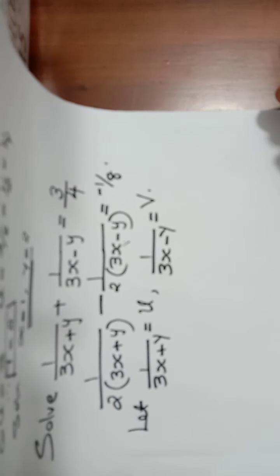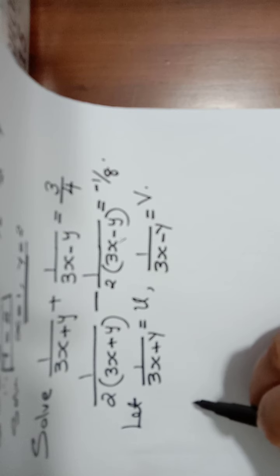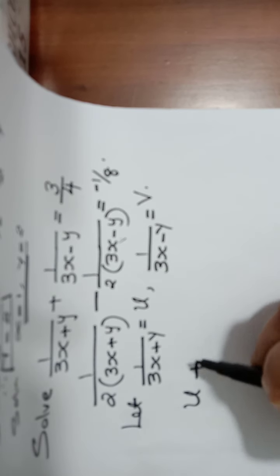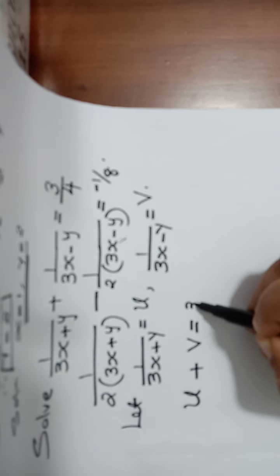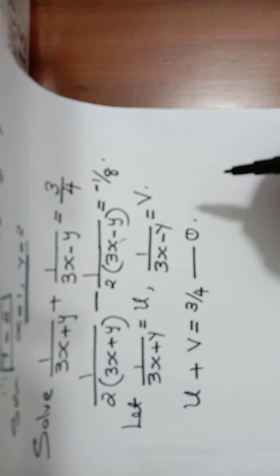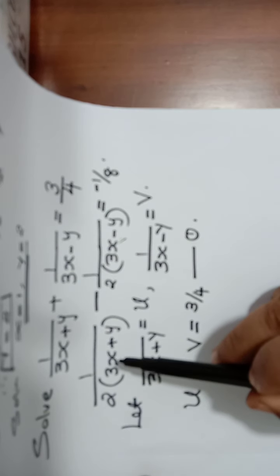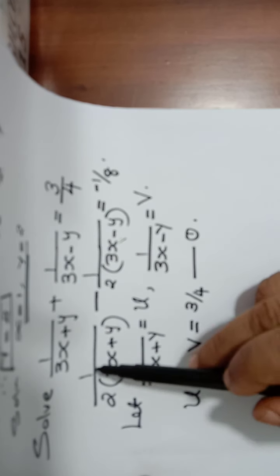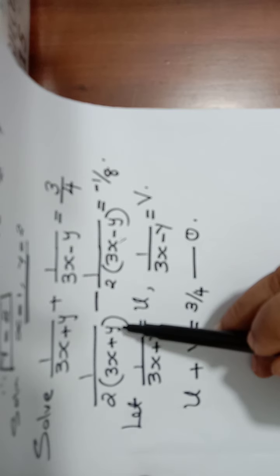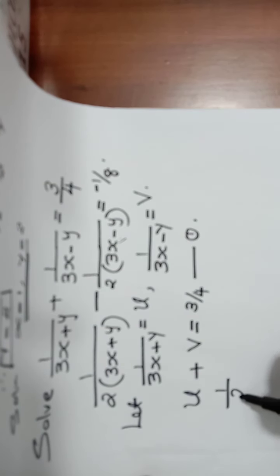So how to rewrite the equations now? We rewrite the first equation as u plus v is equal to 3 by 4. The second equation is 1 by 2 into 1 by 3x plus y, with 1 by 3x plus y as u, and 2 in the denominator, so it is actually half.